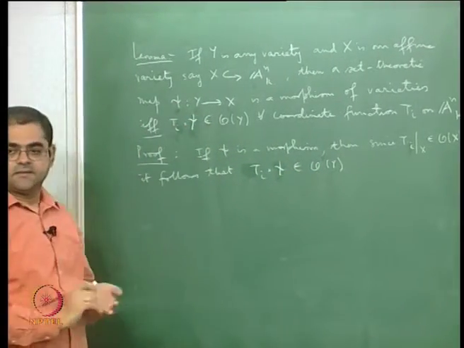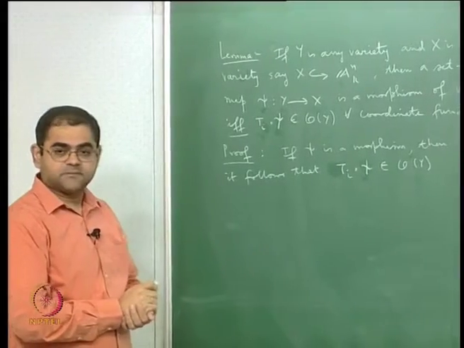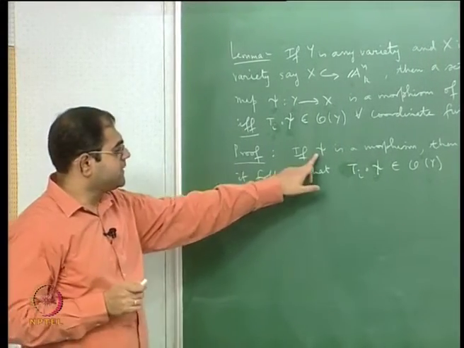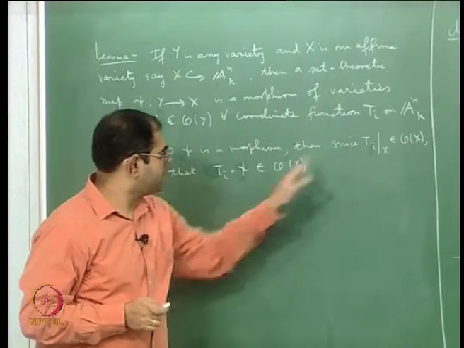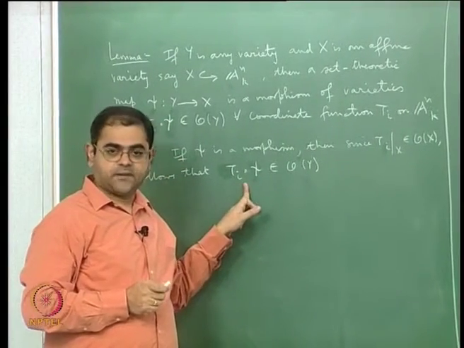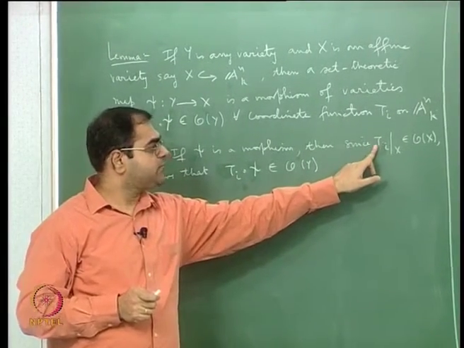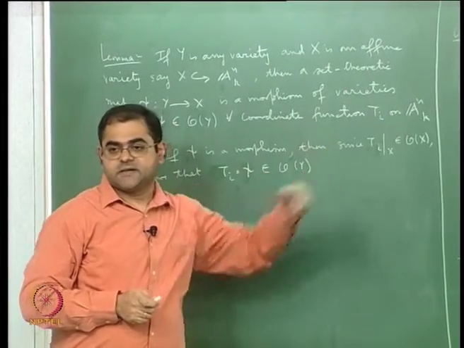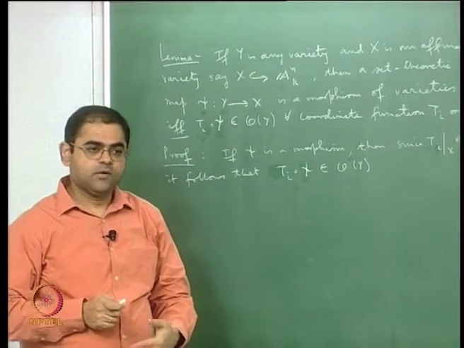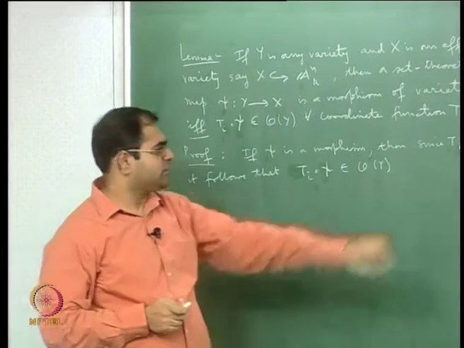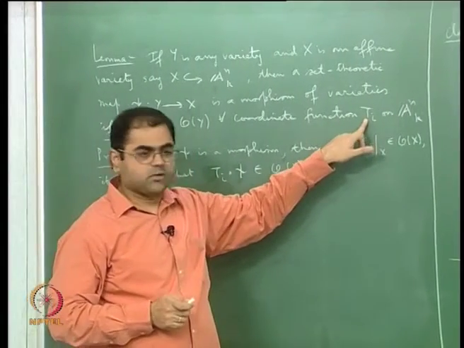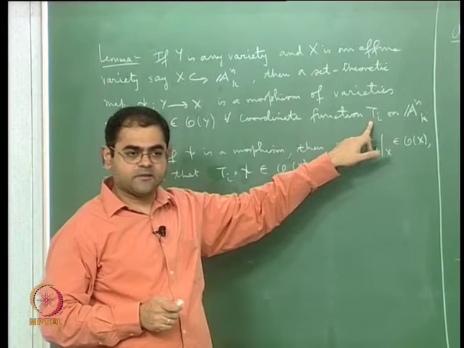This is very simple. That's just because of the definition of a morphism, because a morphism is supposed to pull back regular functions to regular functions. So the coordinate functions on A^n, if I restrict them to x, are going to be regular functions on x, because after all the coordinate functions on A^n are the polynomial variables.